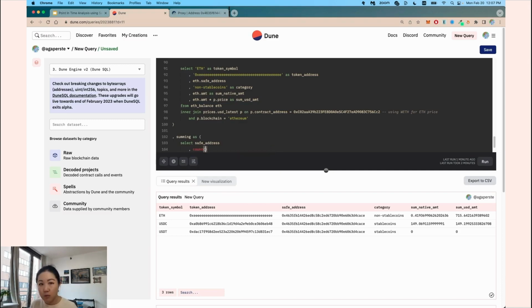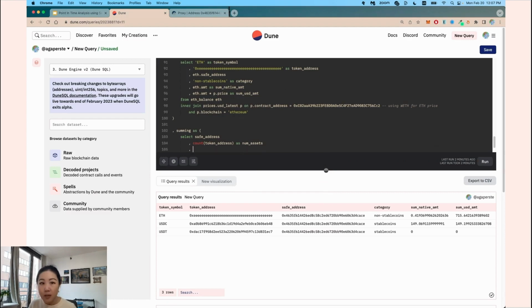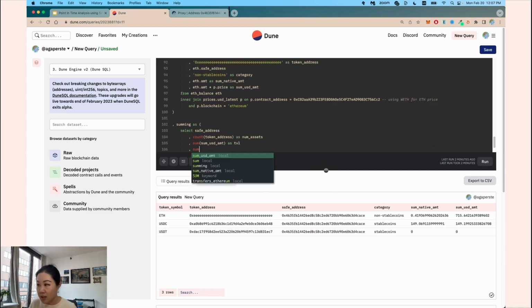We want to count all the token address, so this would be the number of assets in this safe as num assets. And then next up, we need to sum up the sum USD amount as our total value locked.